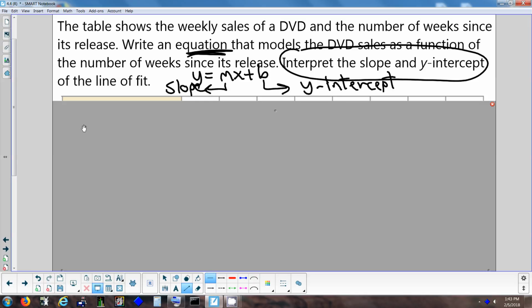What's another term for slope? Something over something. Rise over run. So one way we could do it is rise over run. What's two ways we could find slope? Mallory? The y2 minus the y1.